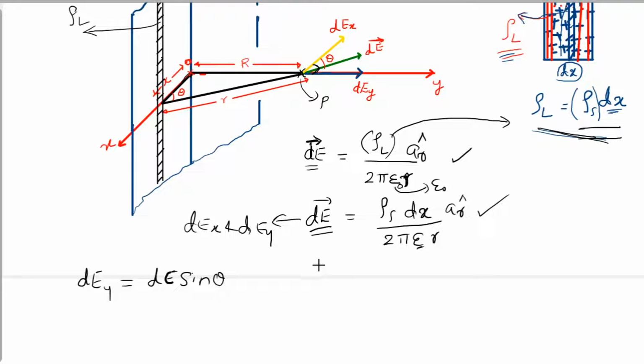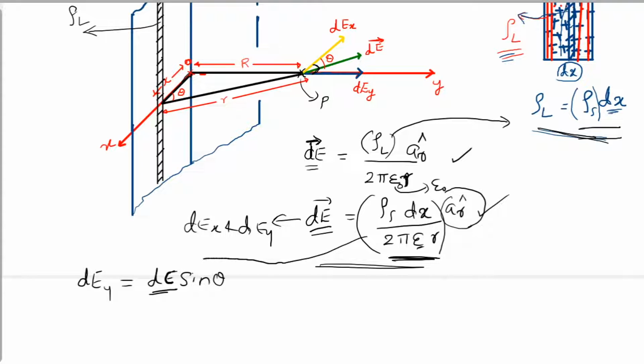Now from this equation, can you tell me what is dE? dE vector is rho S dx by 2 pi epsilon R, A R cap. If I remove this A R cap from here, I will get the magnitude of dE, because dE vector is magnitude into direction. So this is the magnitude of dE. This rho S dx by 2 pi epsilon R can be directly substituted for this dE.